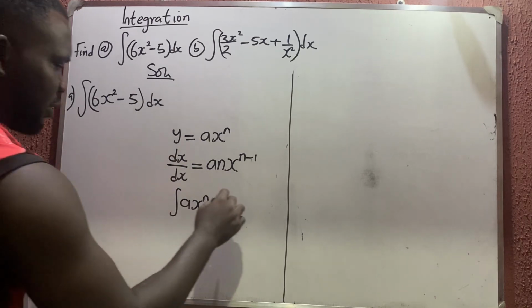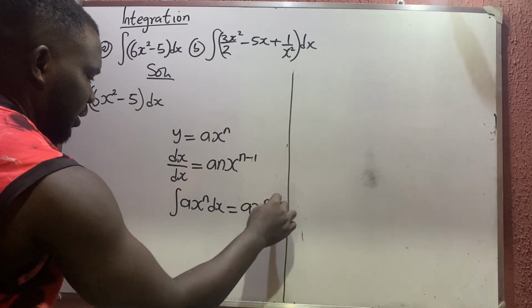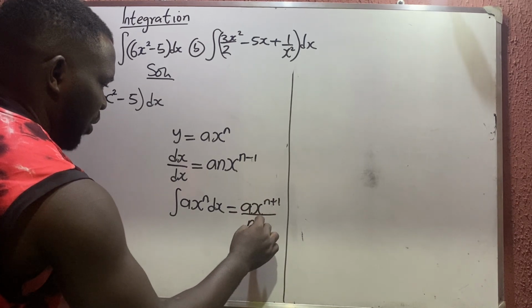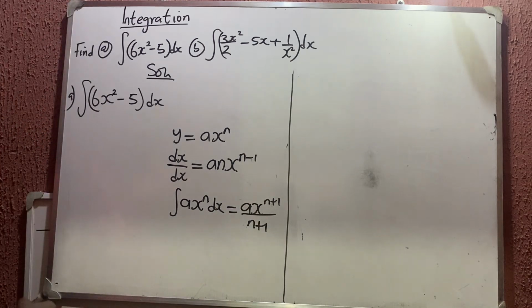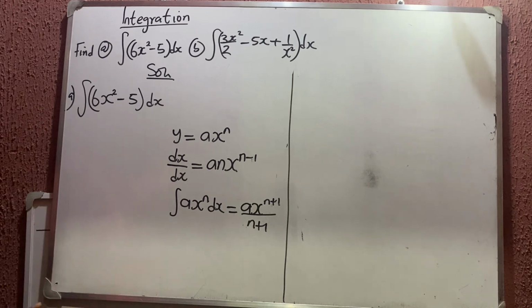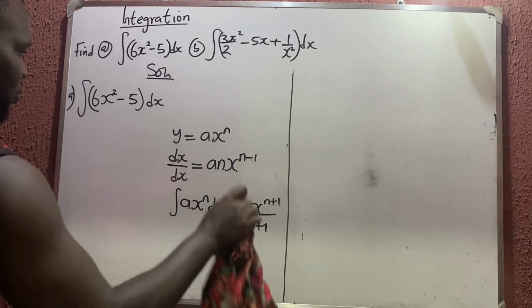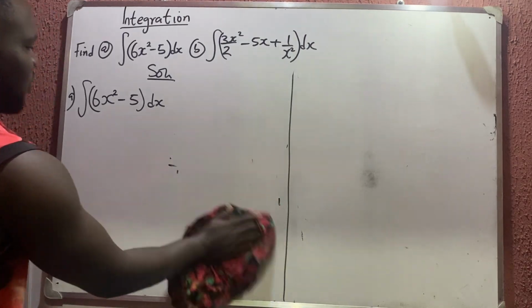So this is x raised to power n plus 1, divided by that new power n plus 1. Integration means add 1 to the power, divide by the new power, while differentiation means multiply by the power, remove 1 from the power. If you know this, you are good to go. So let us use it and solve this particular question.